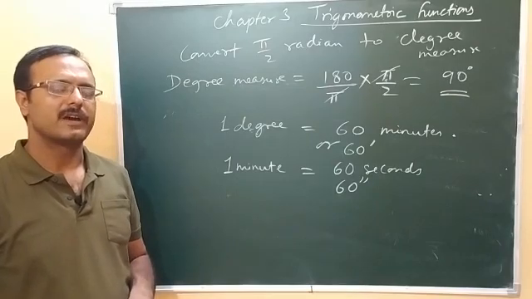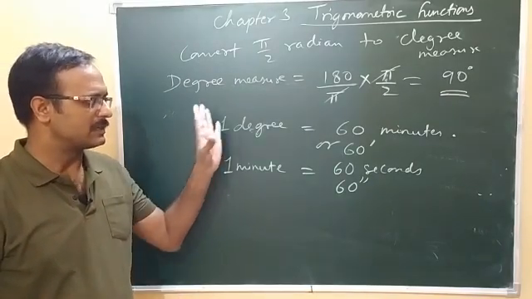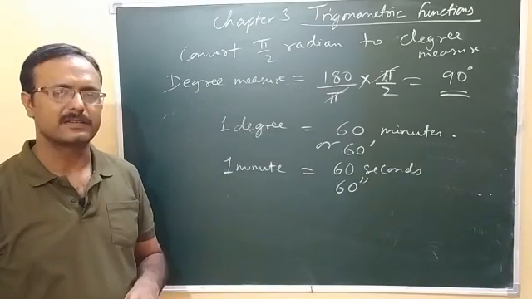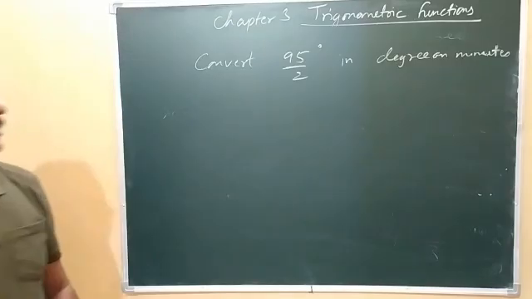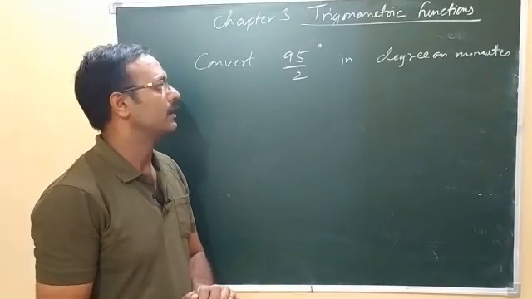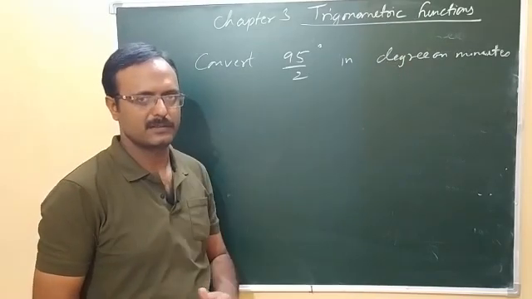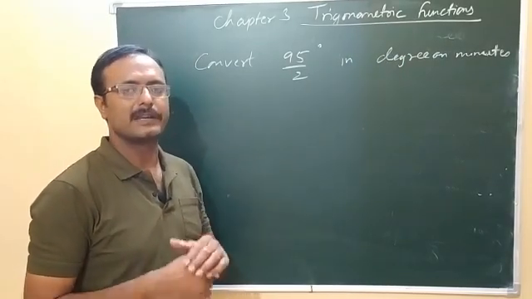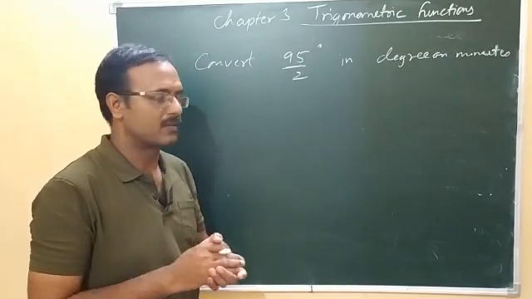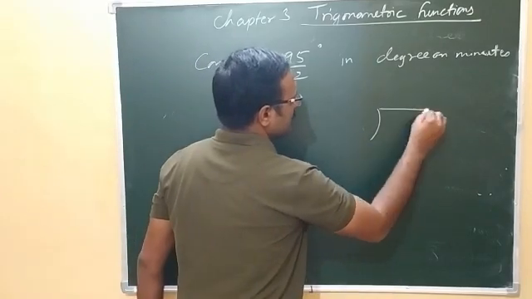And now we are going to see some questions related to such type of angles which will be divided into degree and minutes. So here is one question in which we have to convert this degree measurement into degree and minutes. Okay, this is a fraction value and we have to write in minutes and degrees. It may be seconds also. So what you have to do, you have to just divide this value.